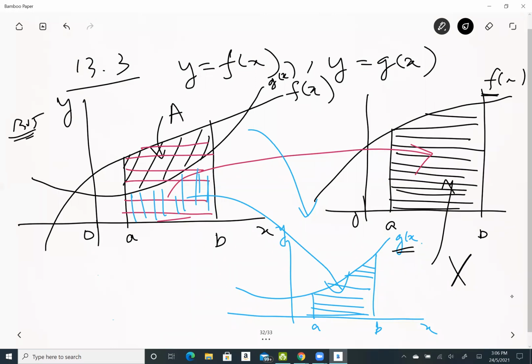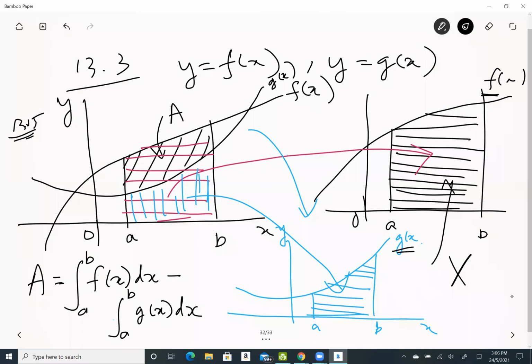So the area A is equal to the area under f, which is the integral from A to B of f of x dx, minus the area under g, which is the integral from A to B of g of x dx. So you have to subtract the area under g from the area under f. So I got that area.